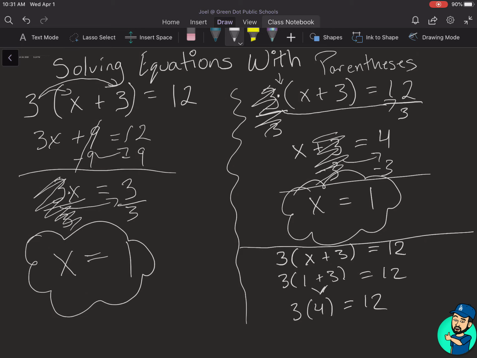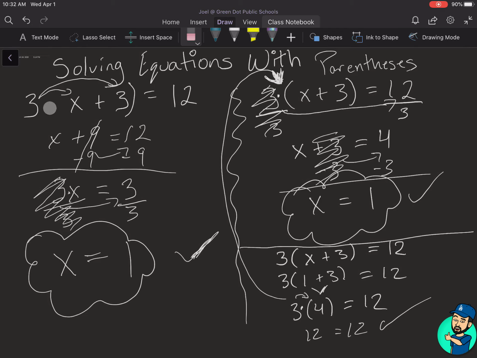Now, whenever you see a number next to a parentheses when there's no operation between them, that is multiplication, so it's invisible, just like over here. It's invisible. 3 times 4 is 12. And does 12 equal 12? Yes. So we know that x does equal 1.